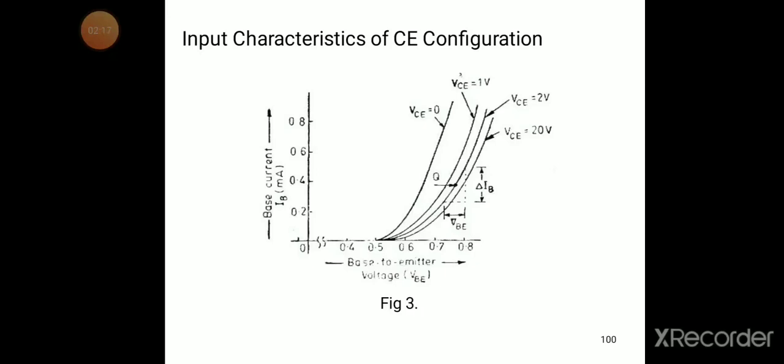But if VCE increases, to get the IB maximum value it takes most of the voltage, that is 0.8. Like that, the maximum voltage is needed to get the maximum IB current. IB is in terms of milliamps, and base to emitter is in terms of voltage.